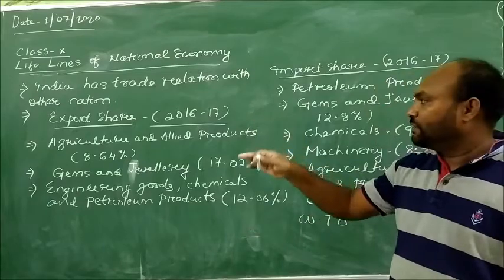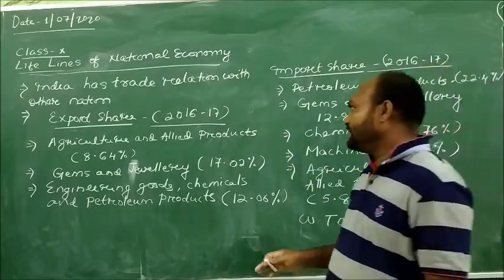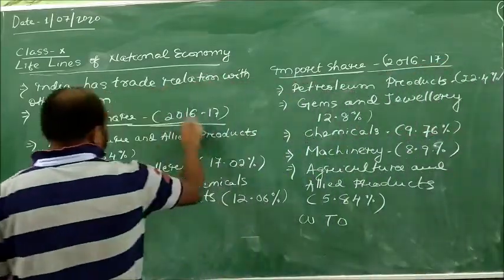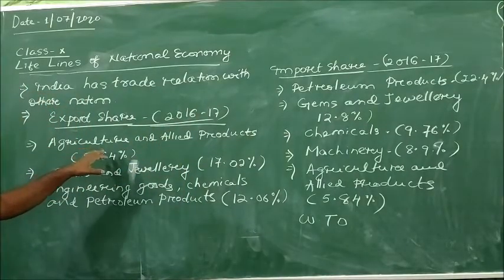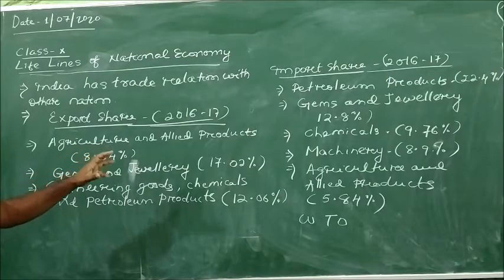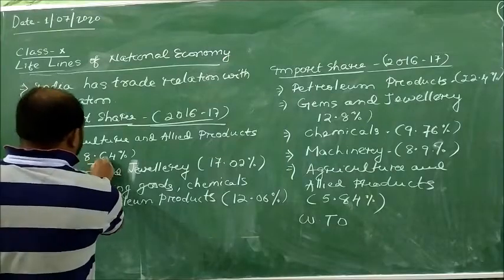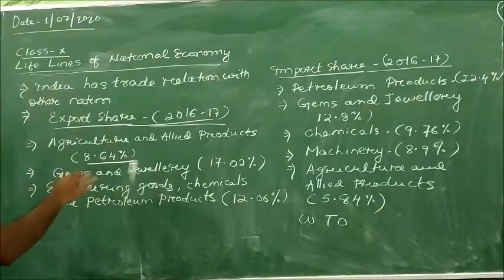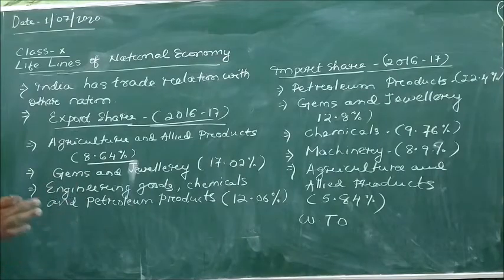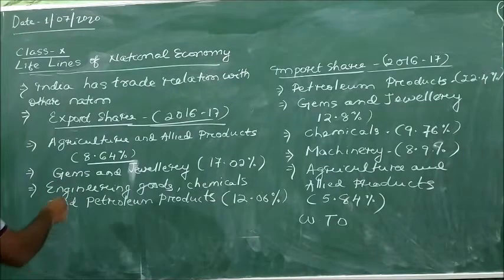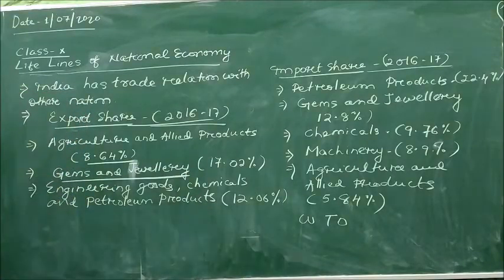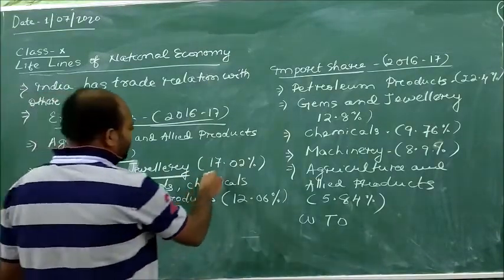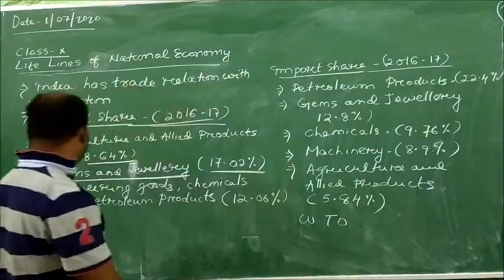And how are we doing these export and import activities? According to the analysis and data taken in the year 2016-17, we understand that agricultural as well as allied products exported from India are nearly 8.64%, and gems as well as jewelry exported from India are nearly 17.02%.